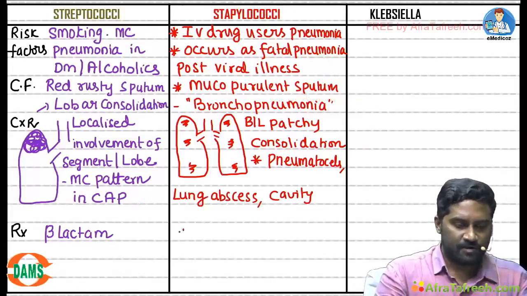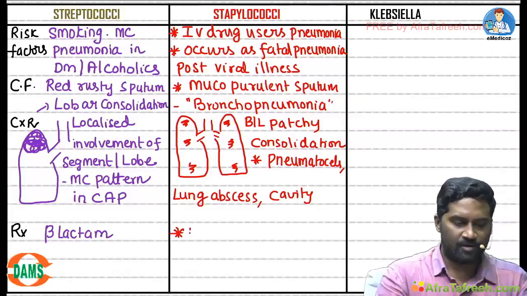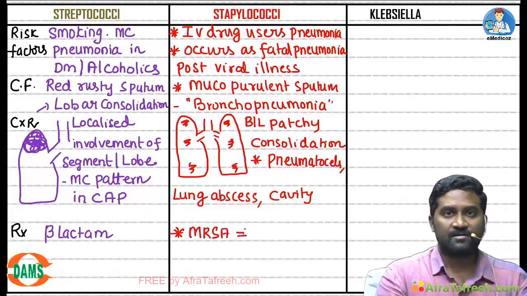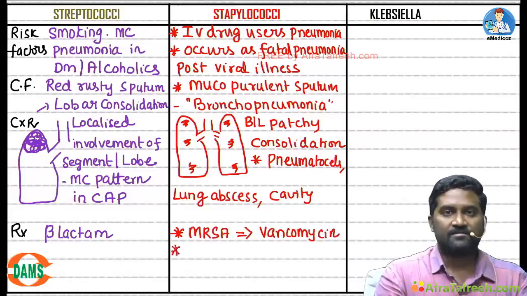Coming to the treatment part, by the time a patient reaches me with staph pneumonia, it will already be MRSA. MRSA means methicillin resistant staph aureus. For them, the treatment I advise is vancomycin. But nowadays, there is rapid resistance to vancomycin.